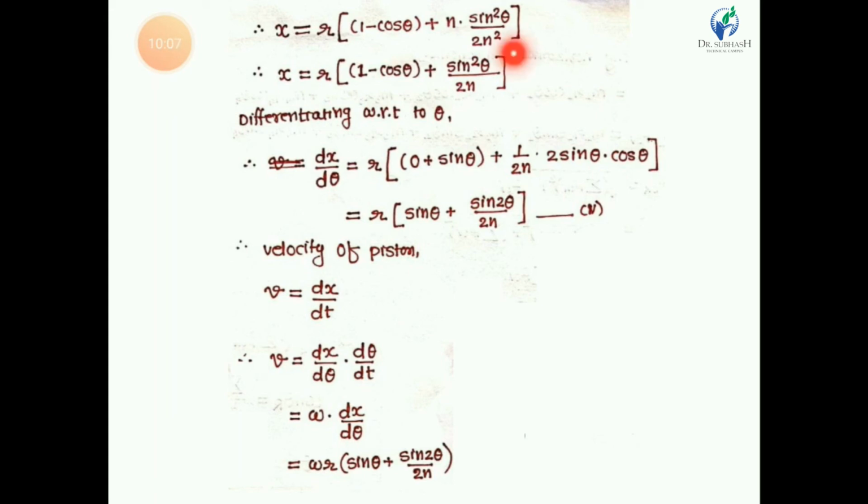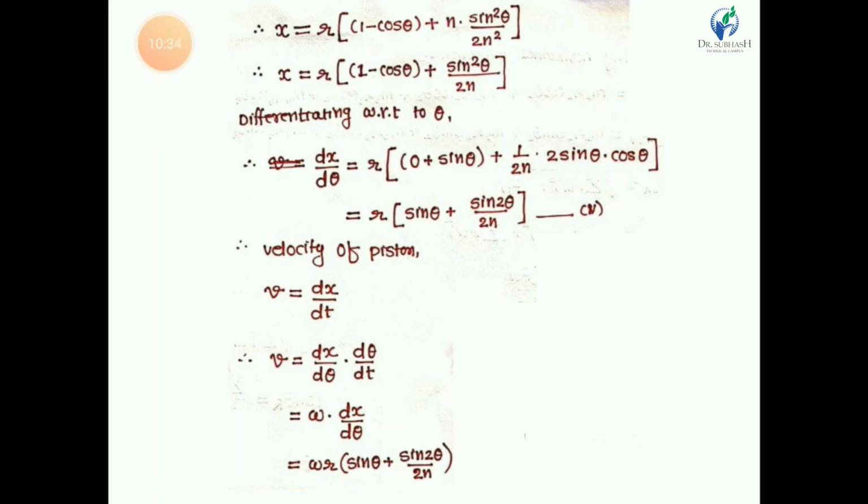Now if we differentiate this equation with respect to theta, we get dx by d theta. R is constant. The derivative of 1 is 0, plus the derivative of cos theta is minus sin theta, so 0 plus sin theta, plus 1 upon 2n times the derivative of sin square theta, which is 2 sin theta cos theta.